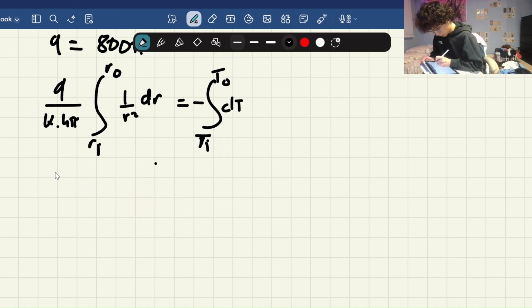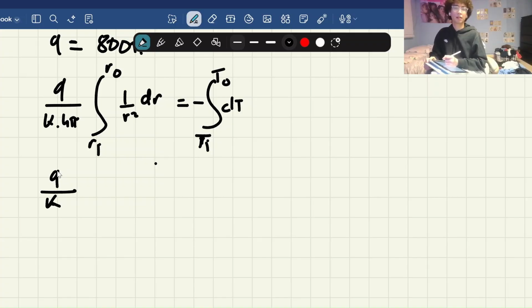And instead of using the outer radius as the upper boundary, we're gonna use the radius at 1.5 meters.